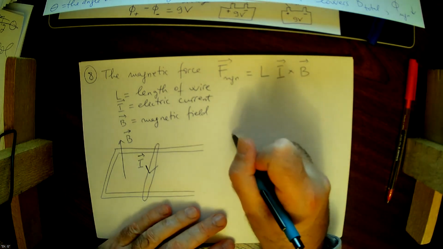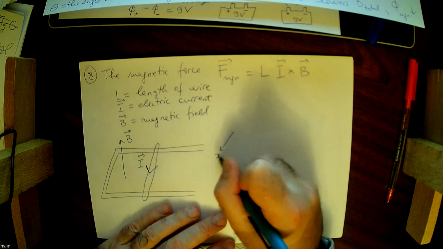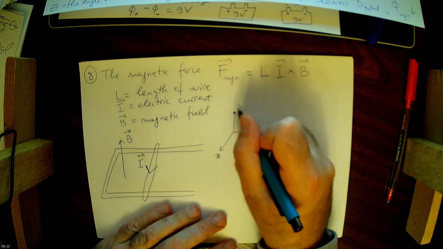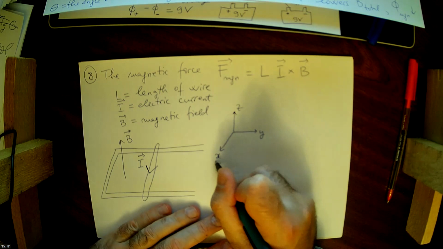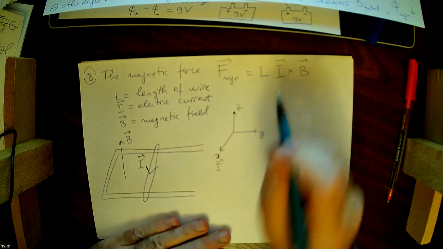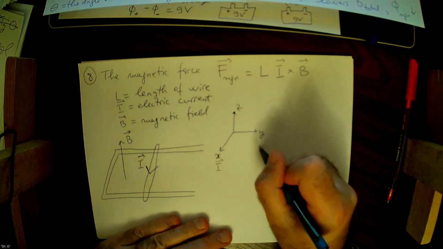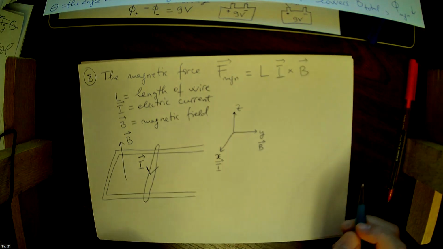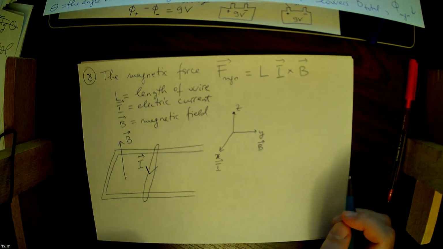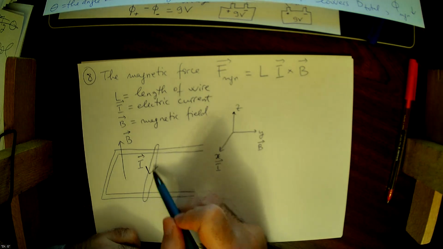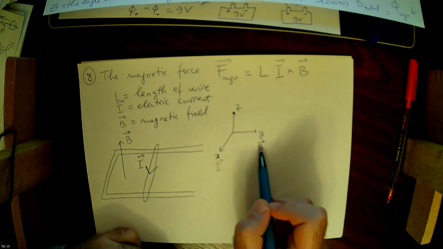Again, I draw my reference frame. This is the direction of the current, the first vector in the vector product. This is the direction of the magnetic field, the second vector in the vector product. And I points in the correct direction. This is my electric current. The magnetic field needs to go up.